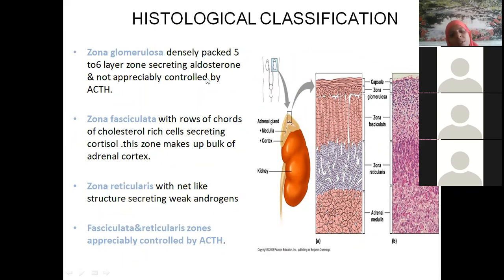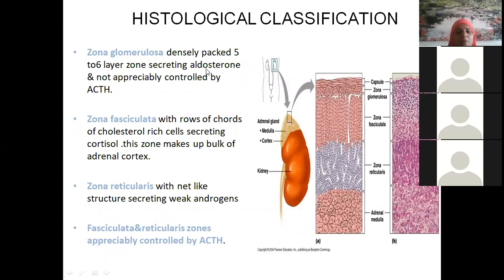The most important mineralocorticoid is aldosterone. The second layer gives glucocorticoids. What is the most important glucocorticoid? Cortisol. Then we have sex hormones like androgens coming from zona reticularis. Glomerulosa, fasciculata and reticularis.